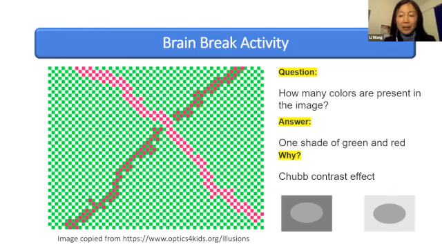So the ovals in the center, in terms of grayscale, are actually at the same value. But once placed in a darker value, it appears to be lighter. And the other one, placed in a lighter value compared to the oval, appears darker, right? So this is just a brain break activity. It has nothing to do with the syllabus, okay?